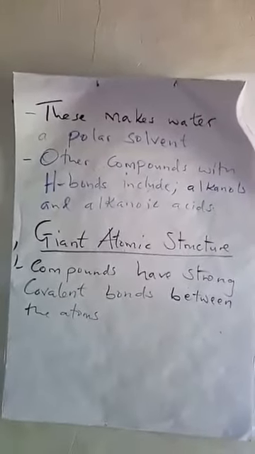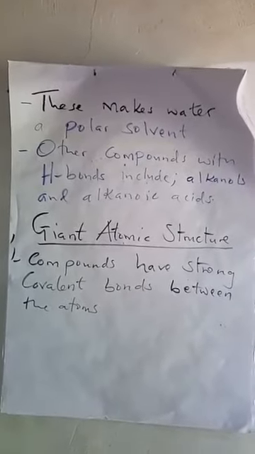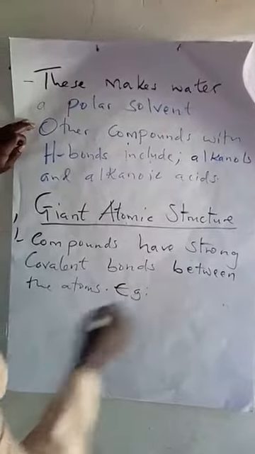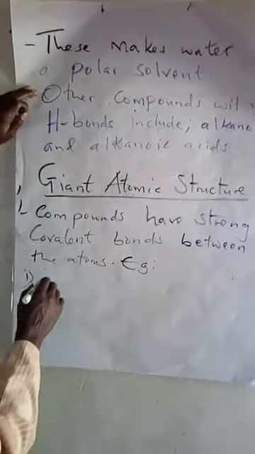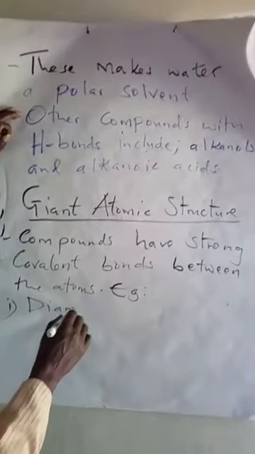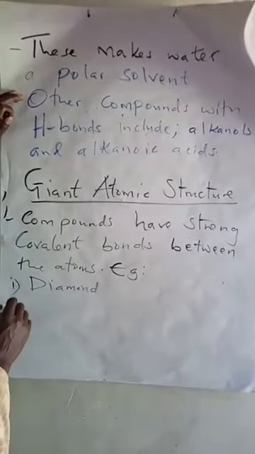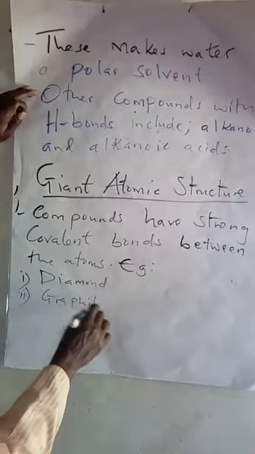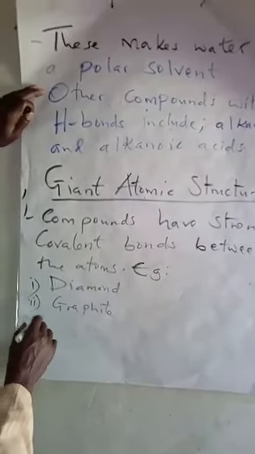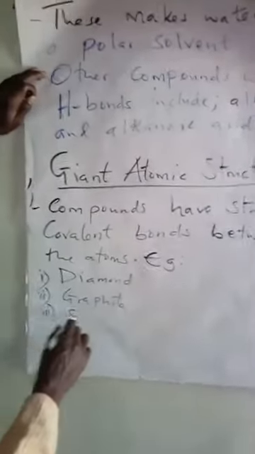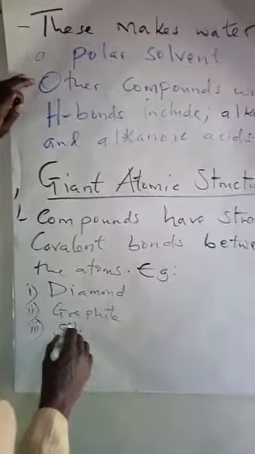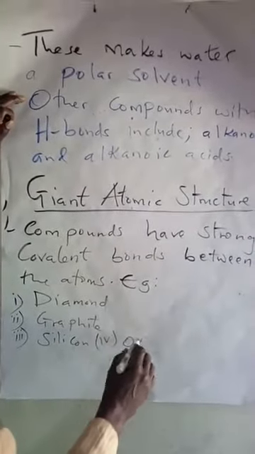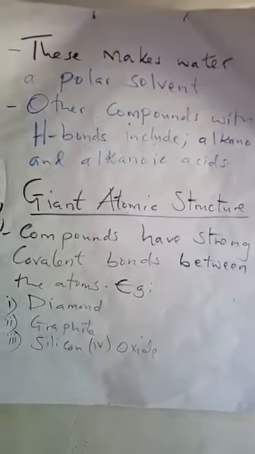Examples of these are diamond, graphite, and silicon(IV) oxide.